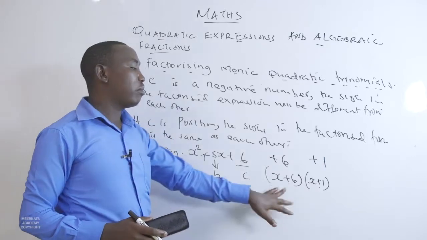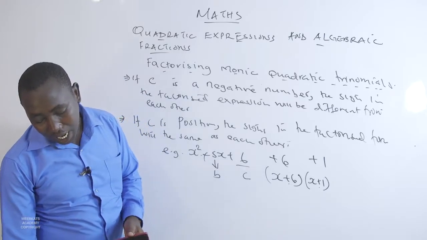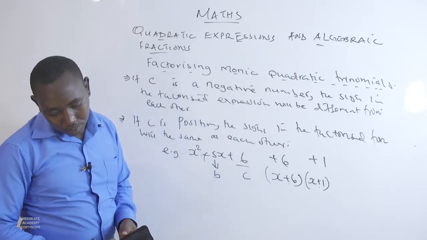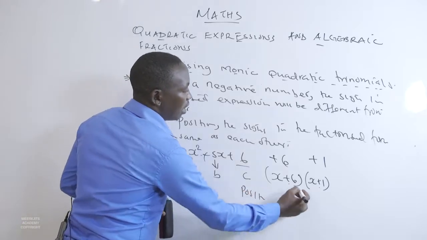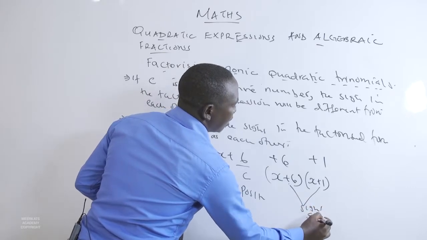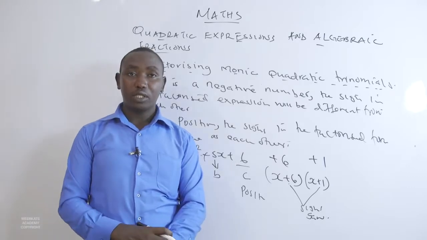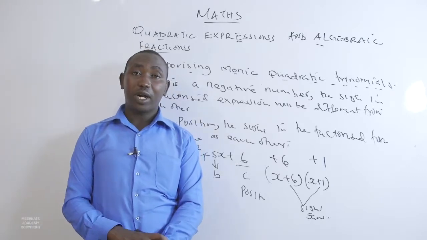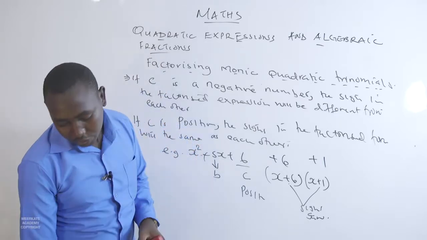If they are negative, then both of them are going to have negative signs. So C is positive, signs are the same. We now want to look at a number of examples on how we can factorize monic quadratic trinomials.